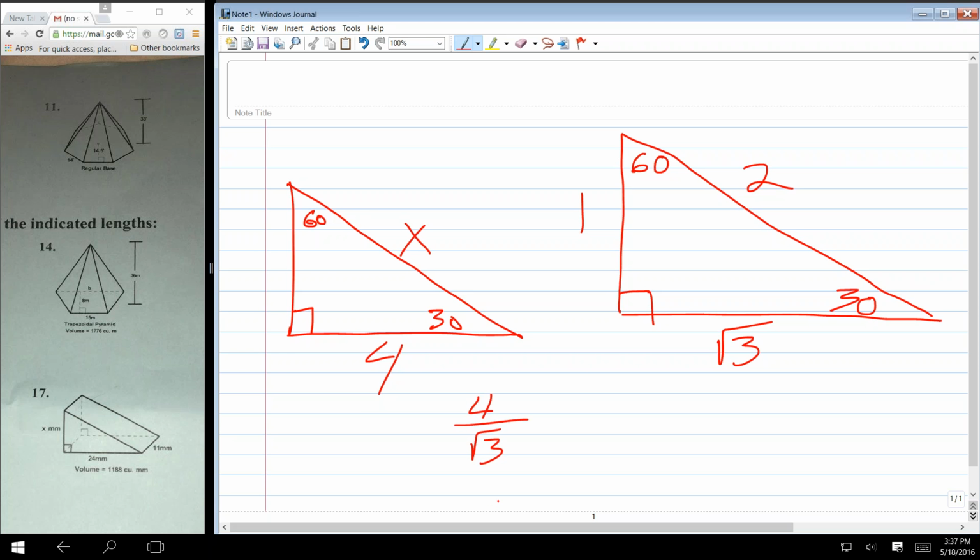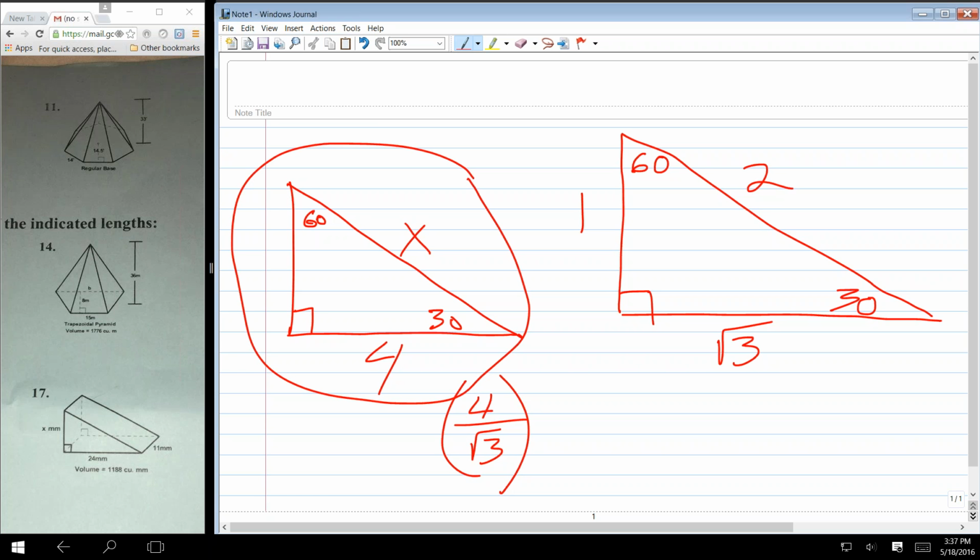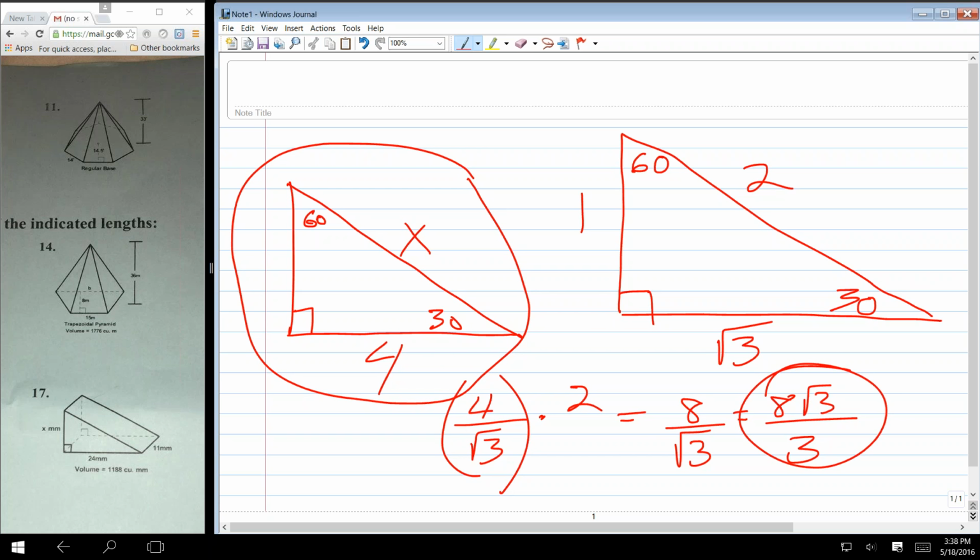Since this triangle here is the bigger triangle, the hypotenuse is going to be bigger than 2. So we multiply by 2, and we get 8 root 3, and then we rationalize that. So we get 8 root 3 over 3. And that's what x is.